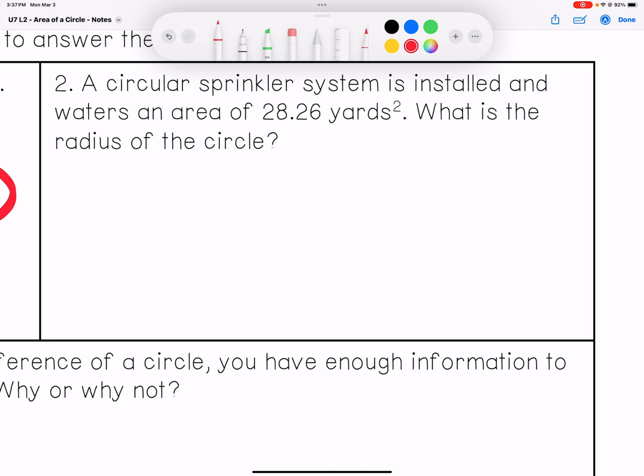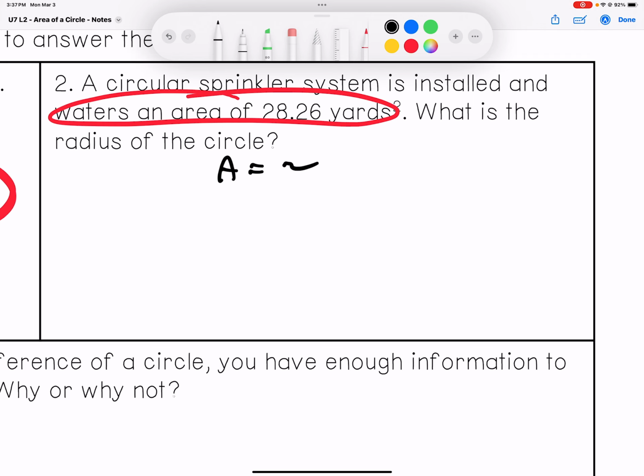We're going to do the same thing, okay? Again, the circular sprinkler system has an area of 28.26, okay? So area equals pi times r squared. We know that the area is 28.26. We know that pi is 3.14. And we know we're looking for r. Same process as earlier, just divide by 3.14. Those go away.